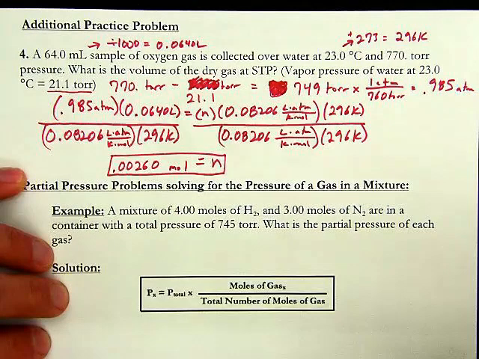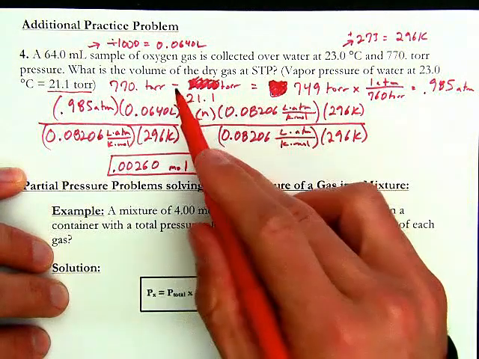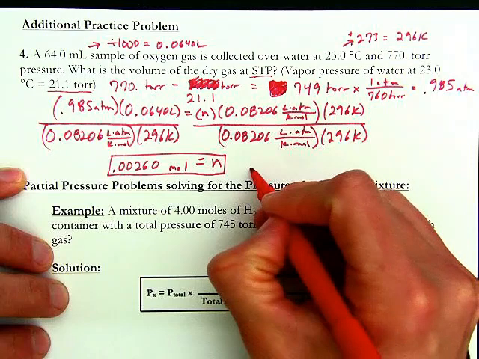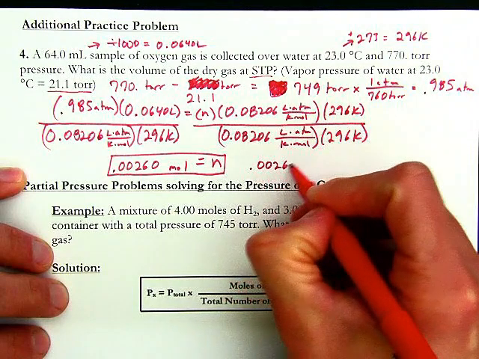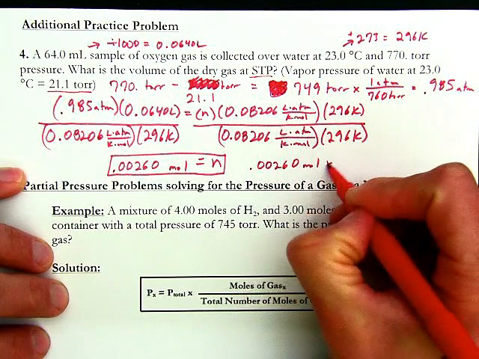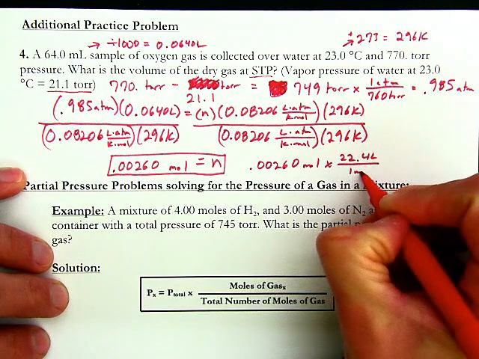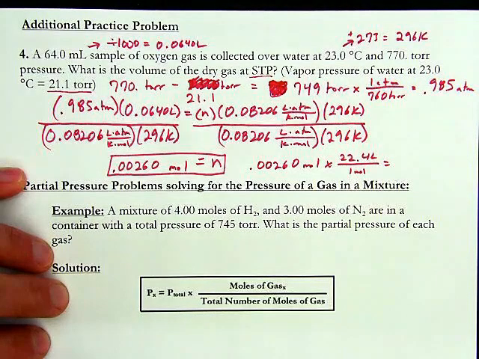And again, this problem is asking what the volume will be at STP. So 0.00260 moles, 22.4 liters is 1 mole. So we just take that times 22.4.